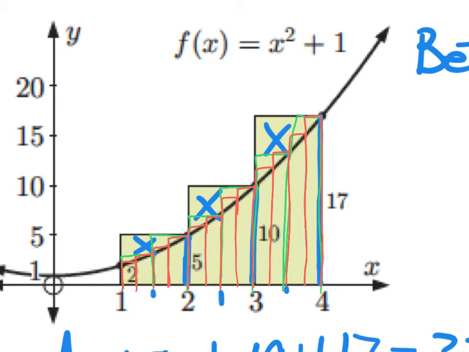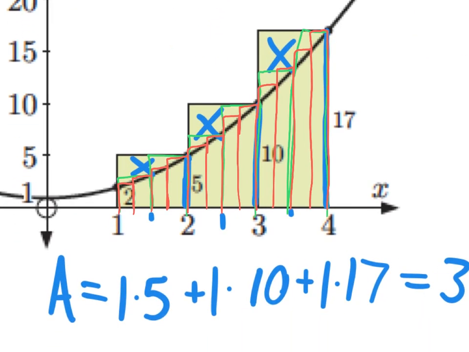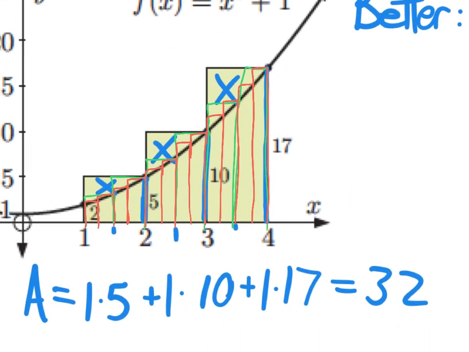This right here, though, notice the width of each of these rectangles. Let's say we had n rectangles. Then the width of each rectangle would equal, in this case, 4 minus 1 divided by n, right?